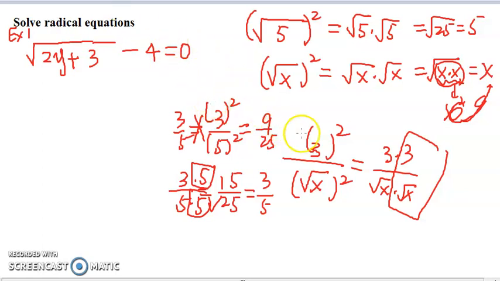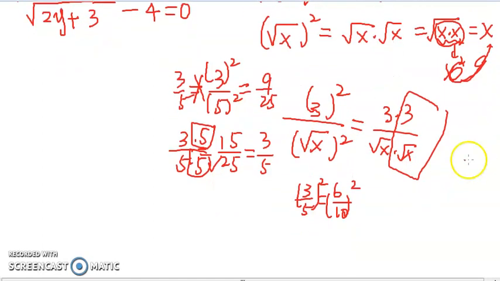But the good thing is, if we have an equation, let's say I have 3 over 5 equals, let's make it 6 over 10. I can square both sides. When I square the left, I get 9 over 25.